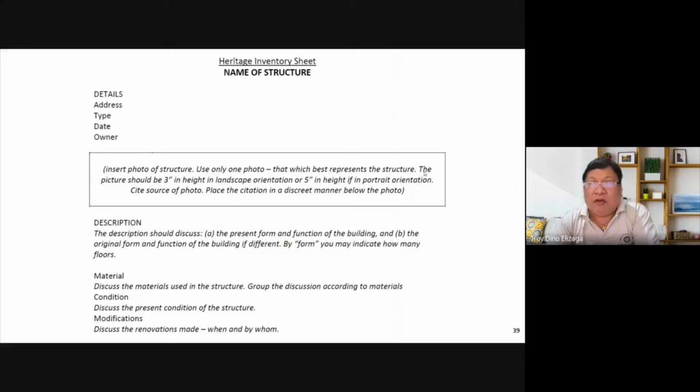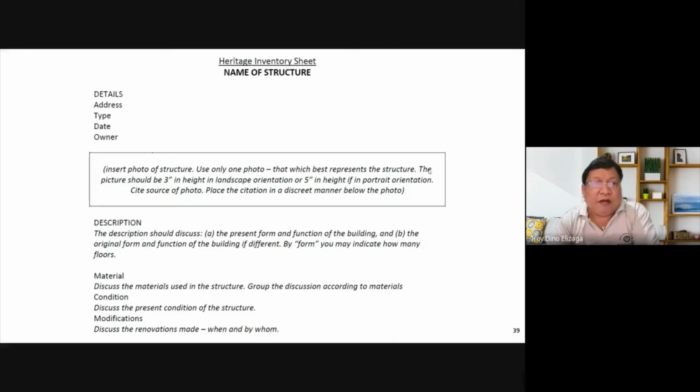But at the same time, the government does not really have a standard way of assessing heritage resources. So I developed my own, and the teachers here have been developing their own. And hopefully one of these will find its way into MCCA and probably be adopted.